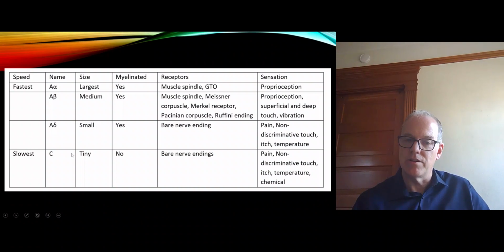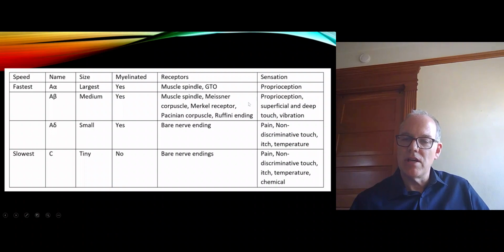And here we have the A delta and C fibers. We can see a lot of overlap between these two, but we'll add chemical here as something that is relayed only, or primarily, by the smaller C fibers. And again, remember, all of this for pain is these free or bare nerve endings. Just another terminology.